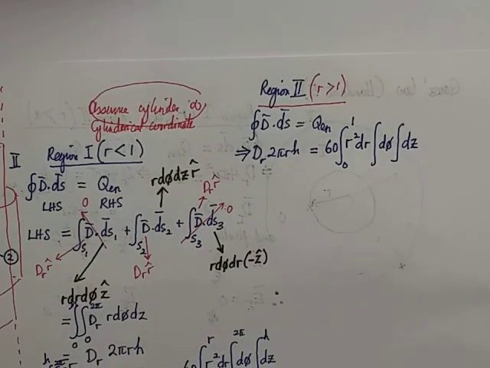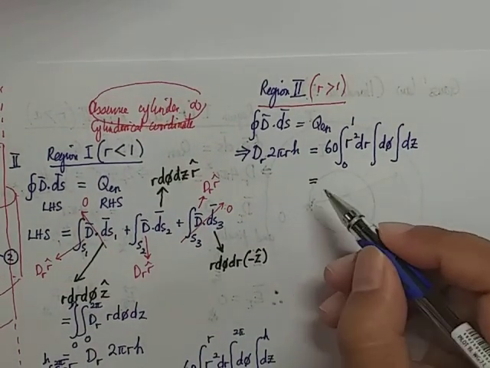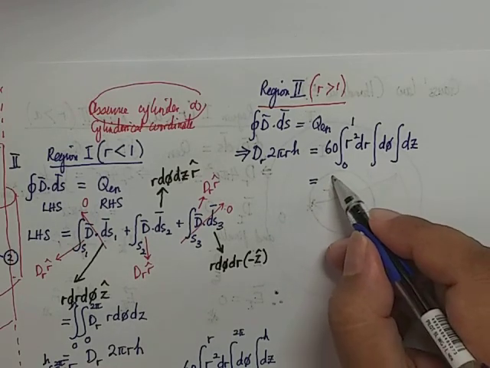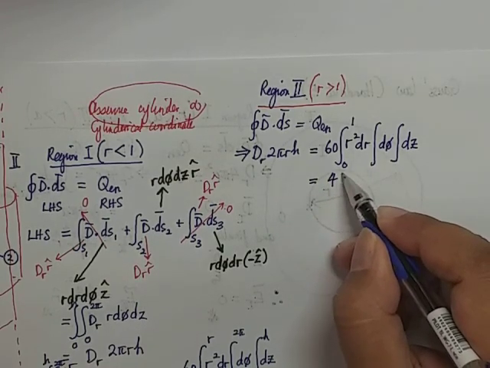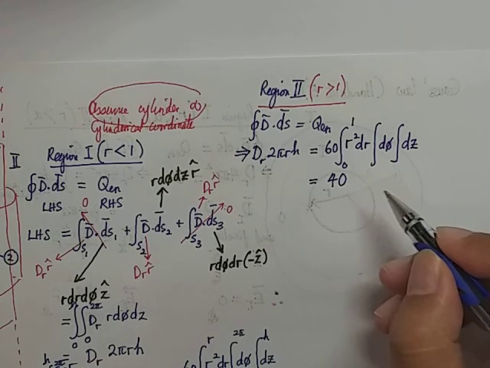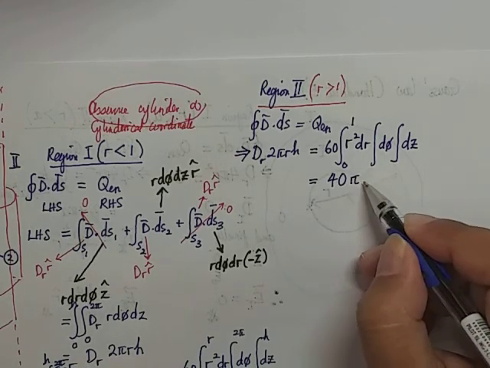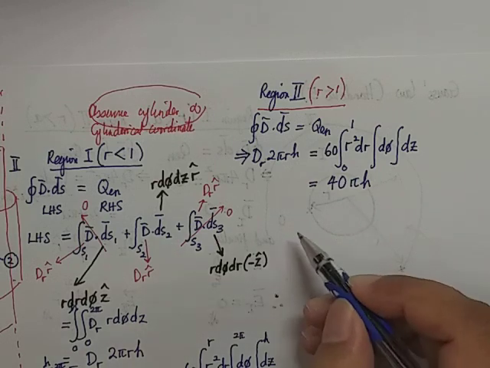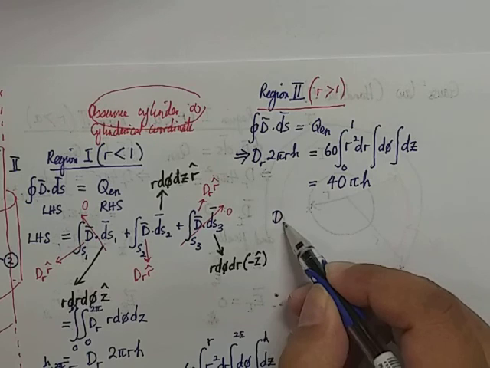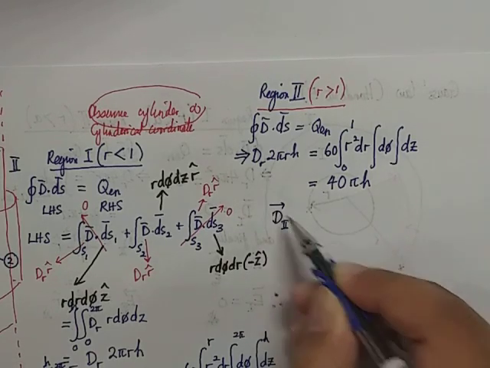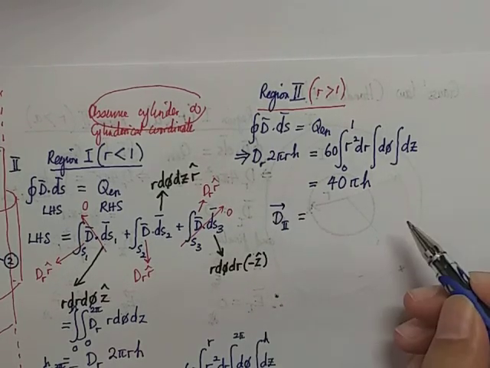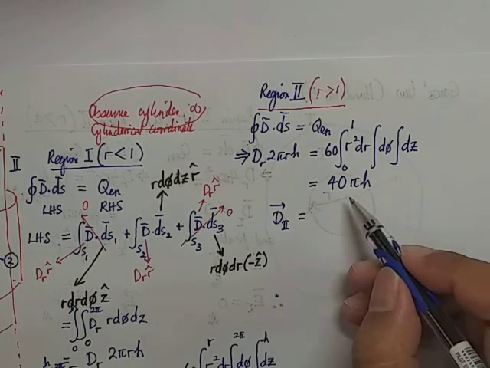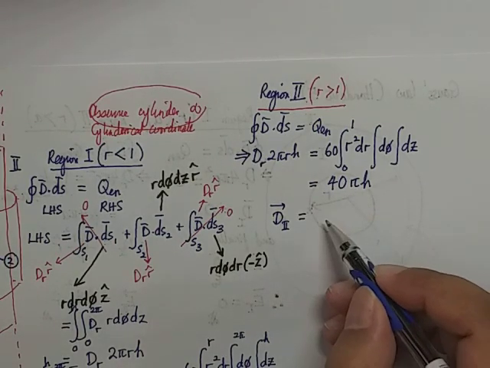Okay, so it's going to end with the same mathematics as before, which is 40 pi h, because R equal to 1, because that should be the range of our limit R. And D_r should be equal to, okay, so I'm going to solve the mathematics, so the pi can be cancelled out, should be 20.